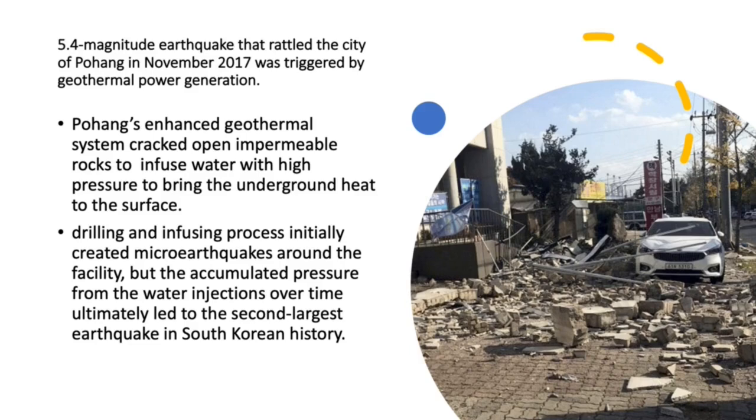Pohang's enhanced geothermal system cracked open the rocks to infuse water with high pressure to bring the heat to the surface. Drilling and infusing process initially created many small micro-earthquakes around the facility, and they all accumulated due to the pressure from the water injection over time, ultimately leading to the second largest earthquake in South Korea.